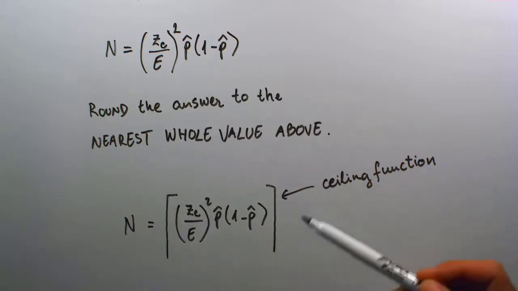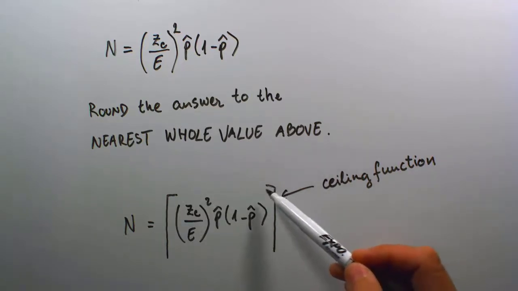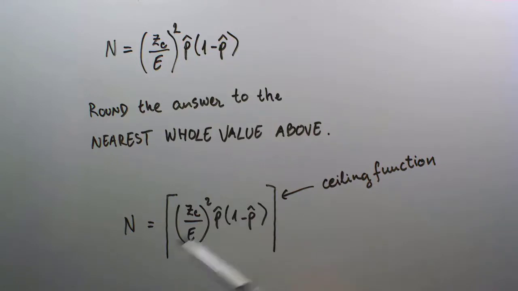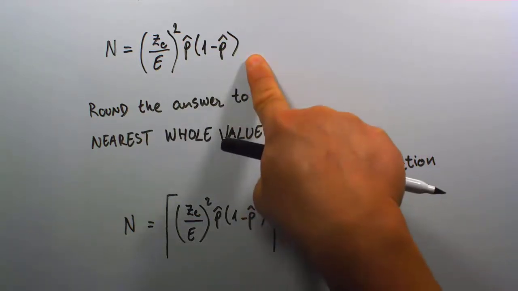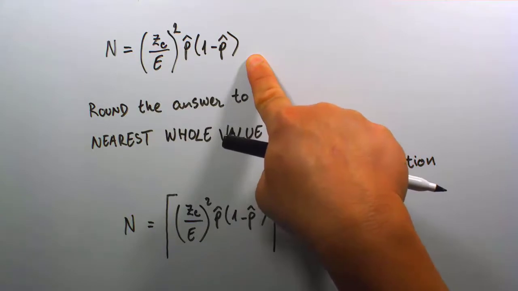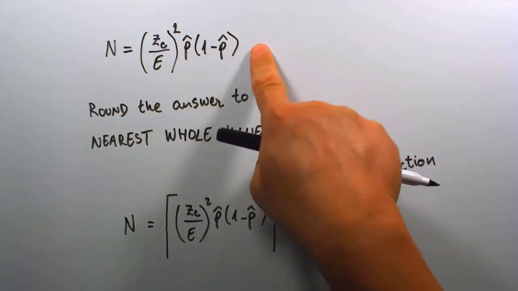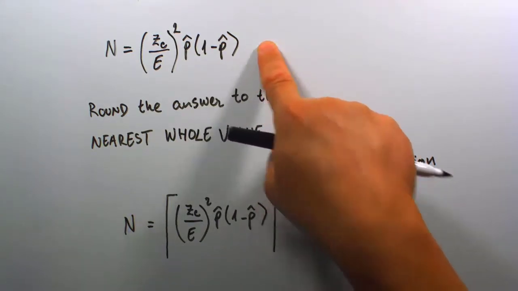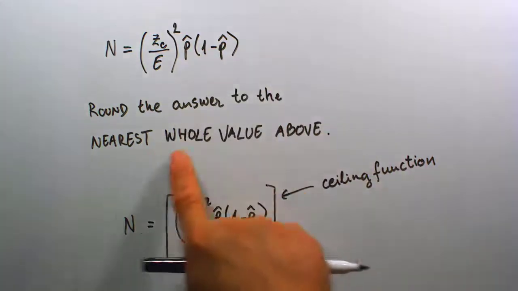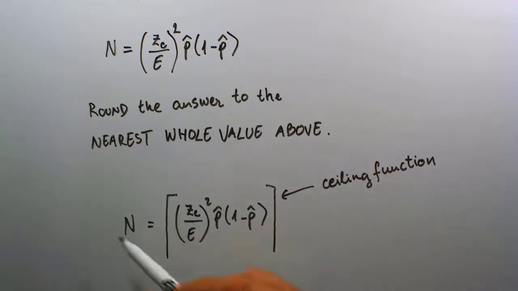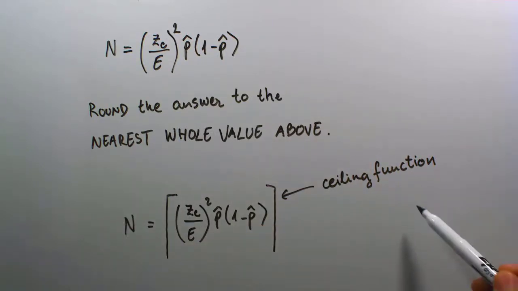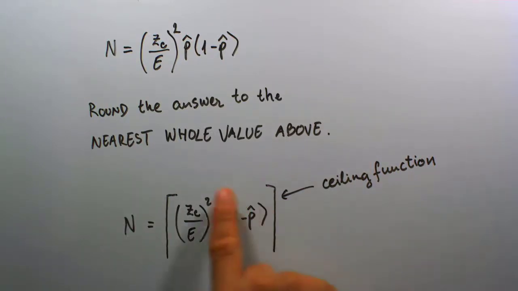But I feel it's unnecessary. All you need to remember is that whichever answer you've gotten out of that formula, simply round your answer to the nearest whole value above. All that understanding is equivalent to all this. And once again, I will never require any of my students to know this fancier version of the formula.